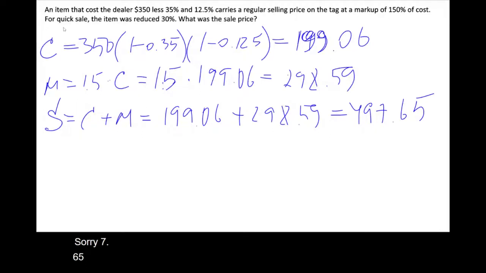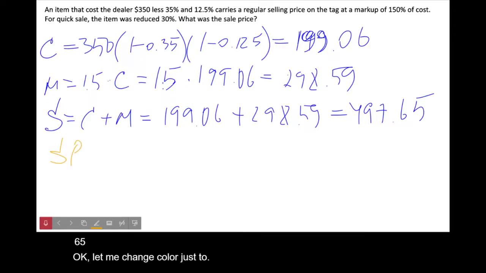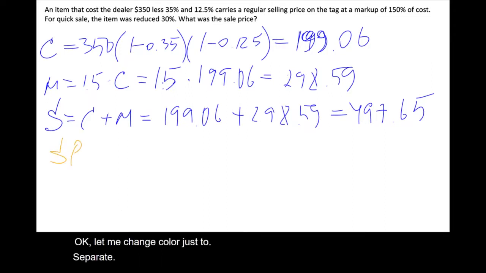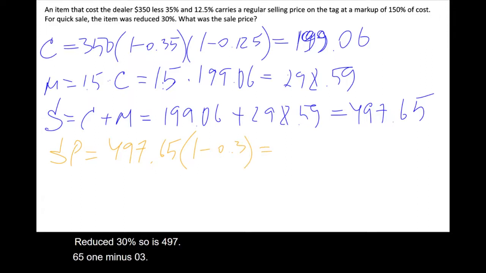Okay, so now SP, let me change color just to separate. Reduce 30%, so it is 497.65 times 1 minus 0.3, which is 348.36. That's it. That is the answer.